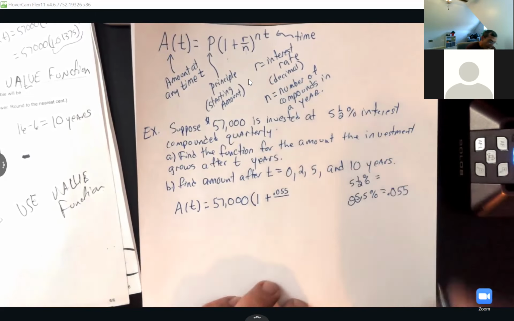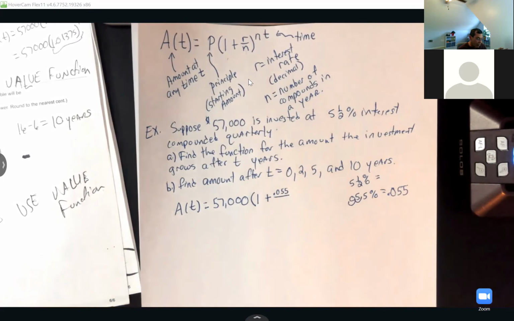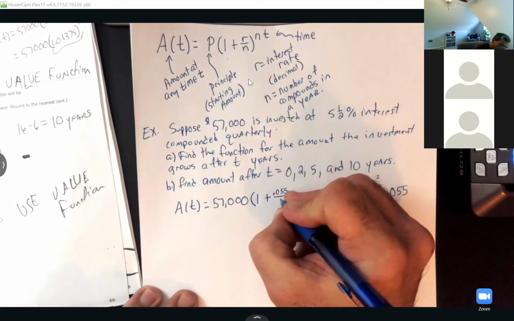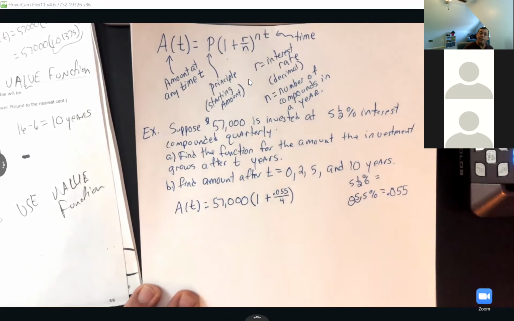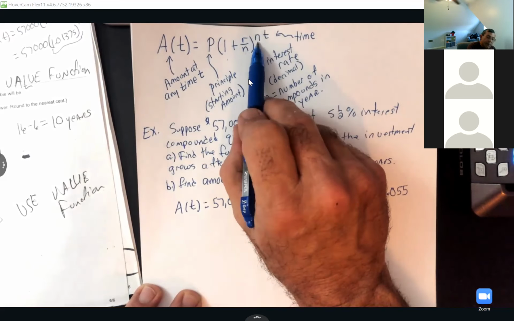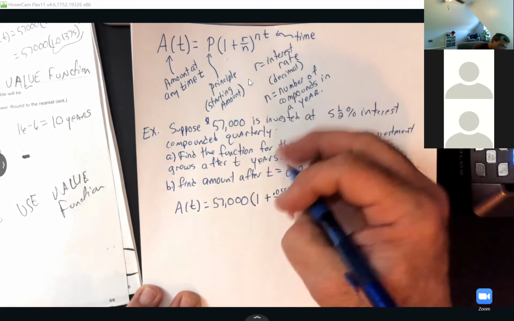All right, so that's 0.055 divided by N. So y'all, what was N if it was quarterly? 4. 4, there you go. And then close those parentheses. And then remember up here would be 4 times t.